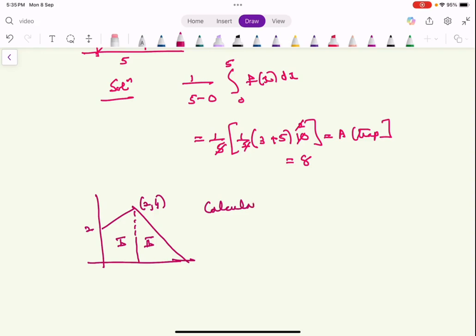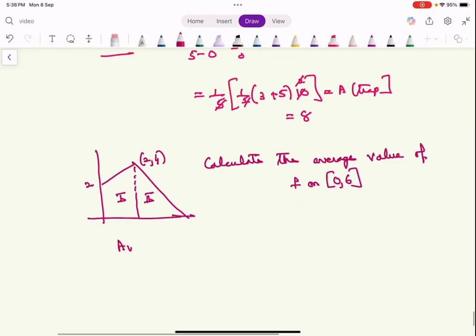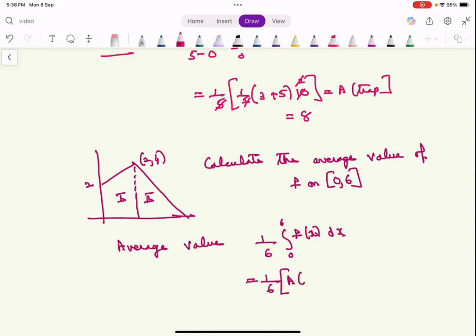So you have to calculate the average value of f on the closed interval 0 to 6. So using the formula, average value will be 1 by b minus a integral 0 to 6 fx dx. That will be 1 by 6. 0 to 6 is the area of this figure, that is area of region 1 plus area of region 2.